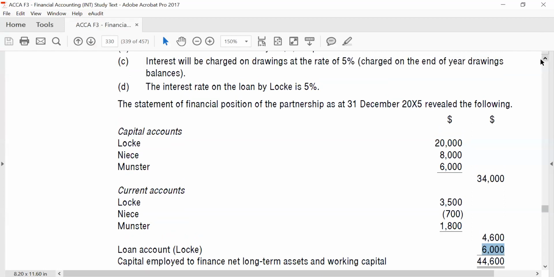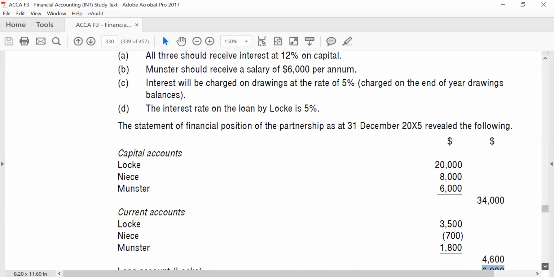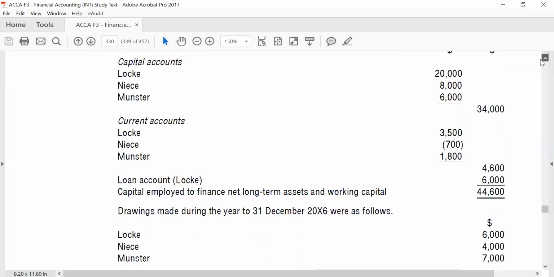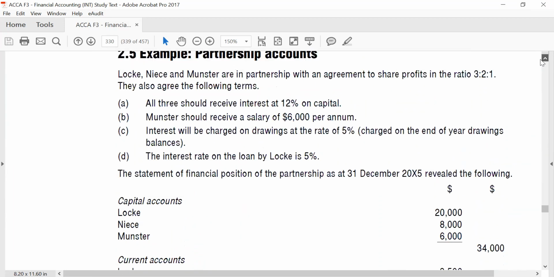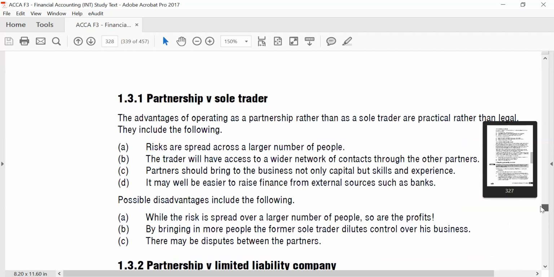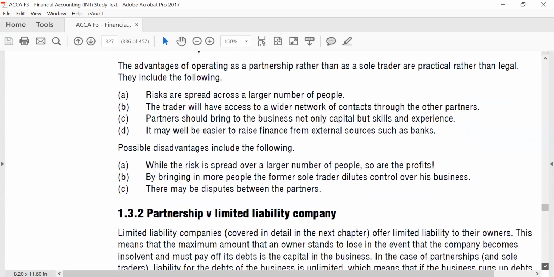And they're also telling us, when they are giving us the profit, let's see the profit. So the profit is before deducting the loan interest. Now, I just want to draw your attention just a little here.